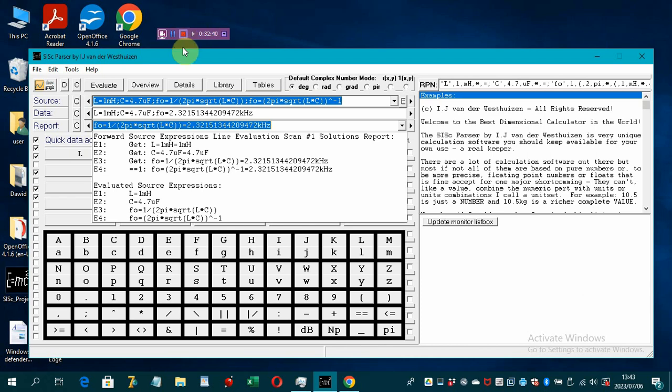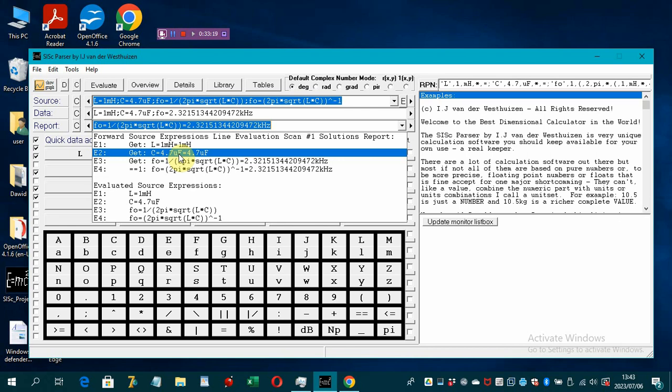Remember, if you use a value straight in a formula without using a variable, say you want to use that 4.7 microfarad straight into that formula in the place of C, you best put the entire value, 4.7 microfarad, in parentheses, because due to the PEMDAS rules, it's just better if it's a single value to put it in parentheses to ensure that value is evaluated as a single value, and you don't get problems with the PEMDAS or BODMAS rules of operator precedence.